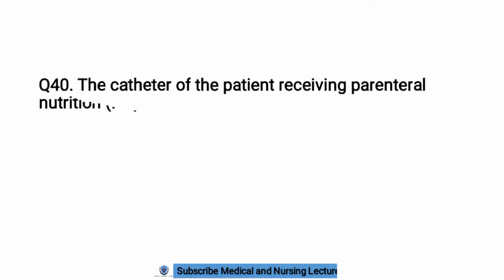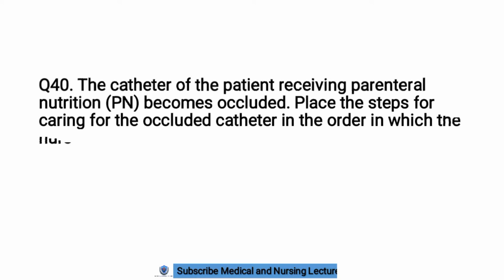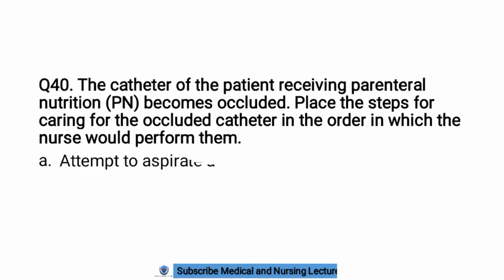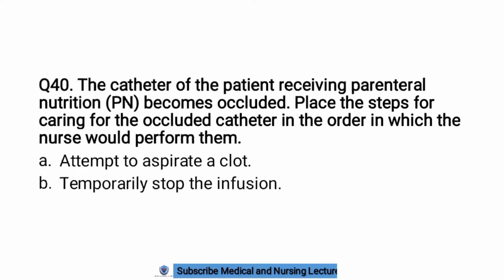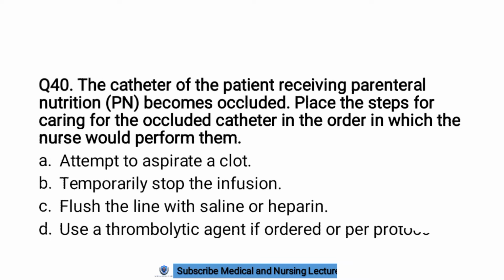Question number 40. The catheter of the patient receiving parenteral nutrition (PN) becomes occluded. Place the steps for caring for the occluded catheter in the order in which the nurse would perform them. Attempt to aspirate a clot, temporarily stop the infusion, flush the line with saline or heparin, use a thrombolytic agent if ordered or per protocol.